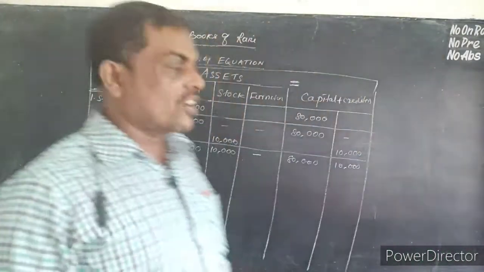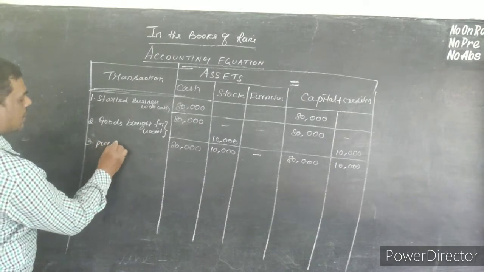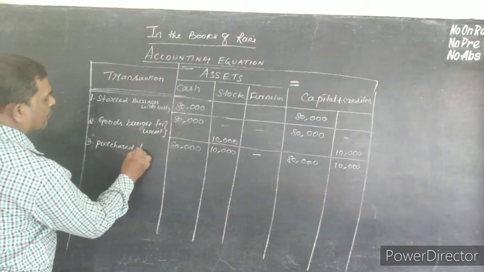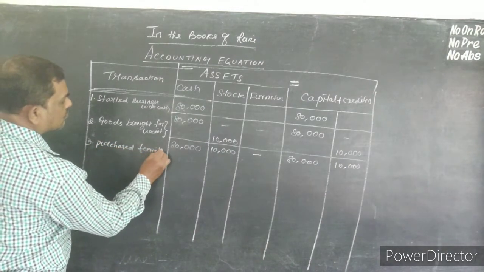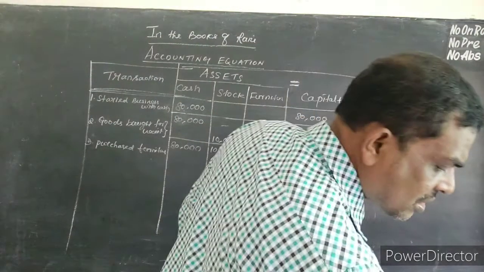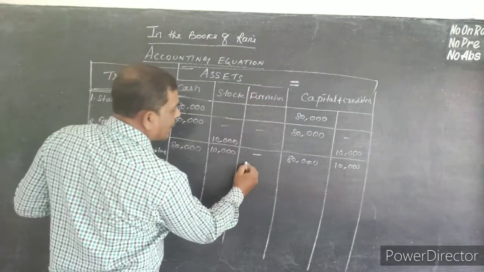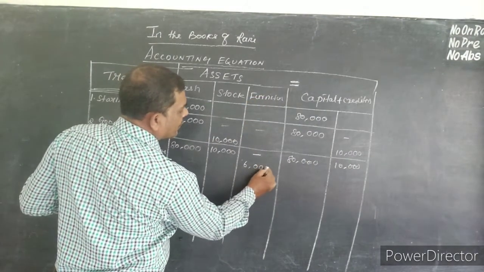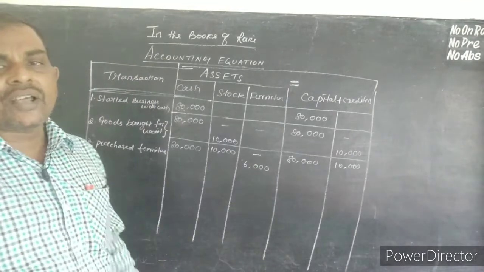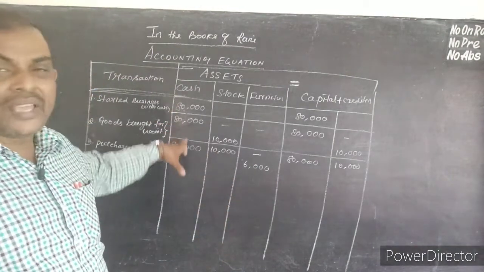What is the third journal entry? Purchased furniture for cash. How much? 6,000 rupees. So you take the 6,000 under the furniture. When you buy the furniture, you need some cash, and that cash you are taking from the cash.